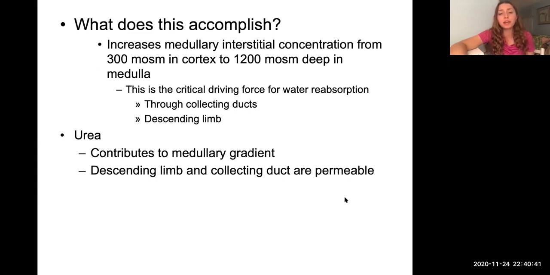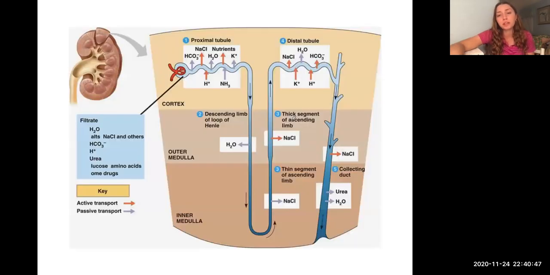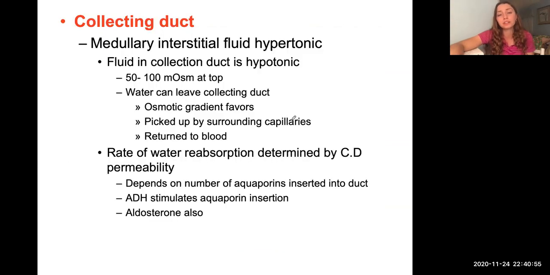The descending limb and the collecting duct are permeable to urea and allow for reabsorption, and urea also contributes to the high osmolarity outside.